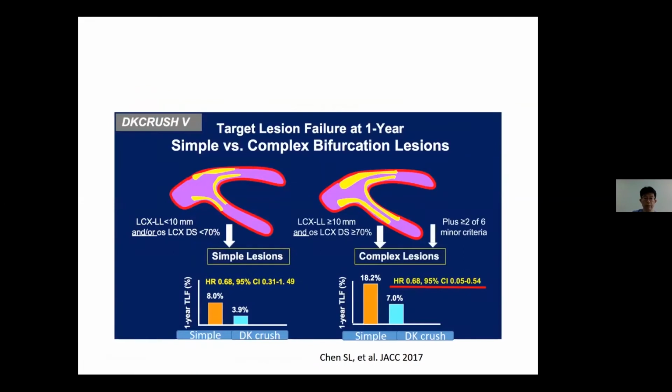The DK CRUSH V trial reported that in especially complex bifurcation lesions, DK crush is better compared to the single stent with kissing balloon technique at 1 year TLF. However, in simple bifurcation lesions, there is no difference between single stent with KBT and DK crush.